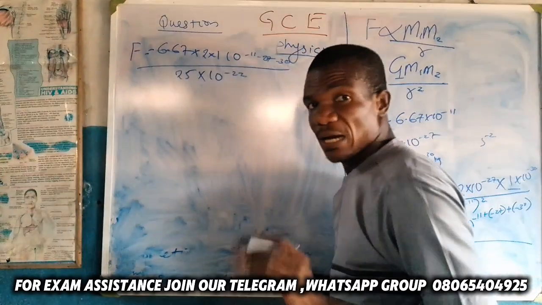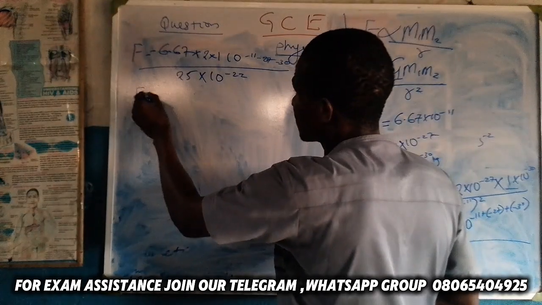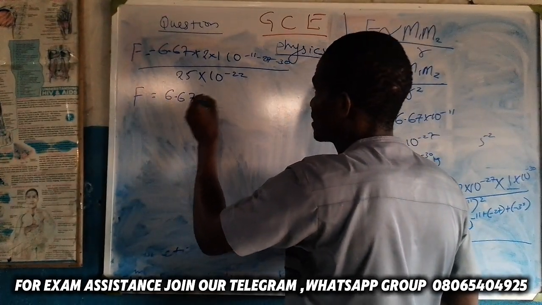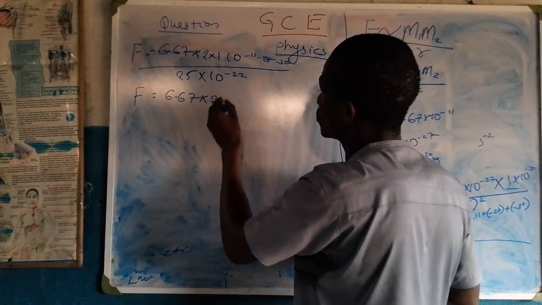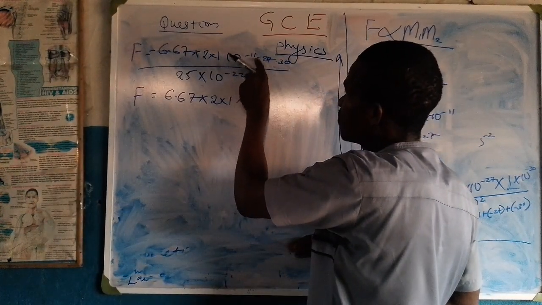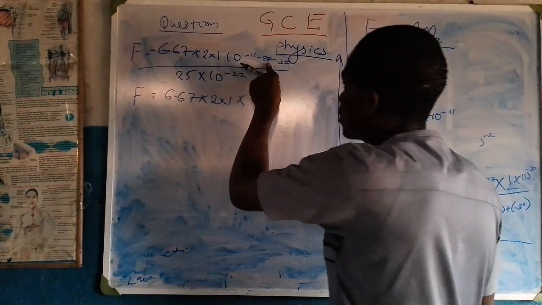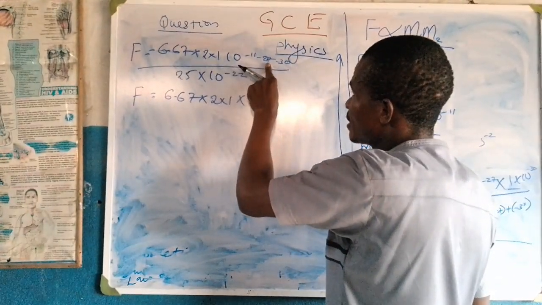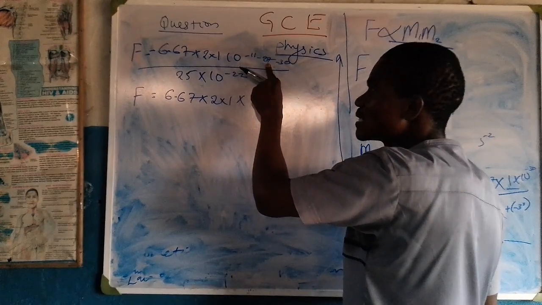Now, are you following? F is equal to 6.67 times 2 times 1 times 10 to the power minus 11 minus 27. What are you going to have? You're going to have minus 38.